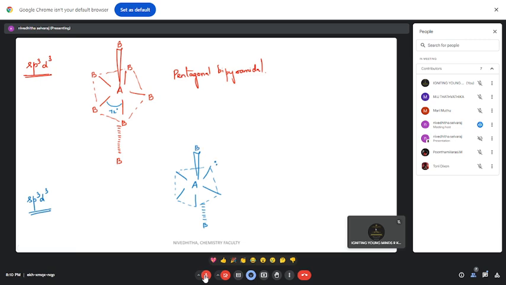Please memorize all these structures in hybridization. Definitely one question will be asked from hybridization. So please memorize this table, guys.